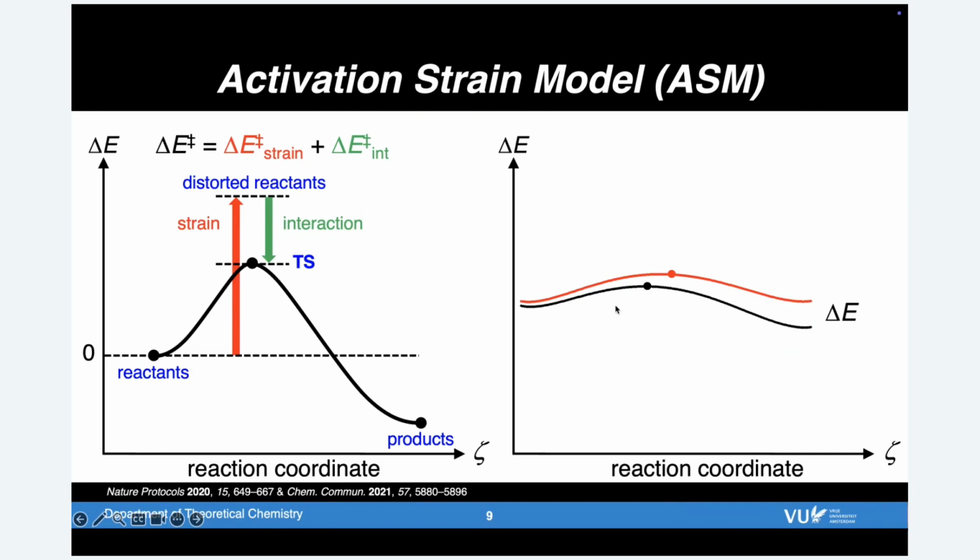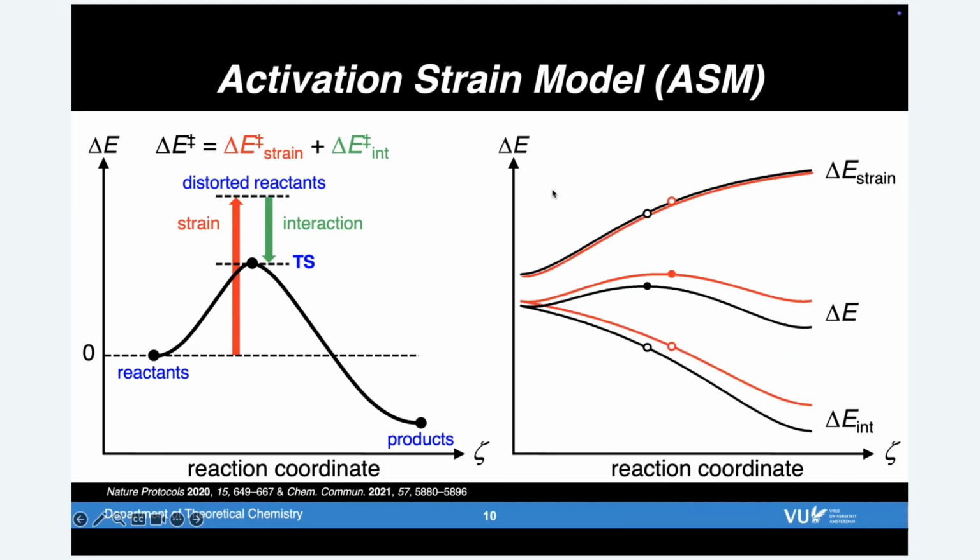So it's one thing to find these reaction paths. It's one thing to say, okay, the black reaction is faster, but then it really becomes interesting to understand why the black reaction is faster. So we can go ahead and plot the strain energy and the interaction energy along this reaction coordinate.